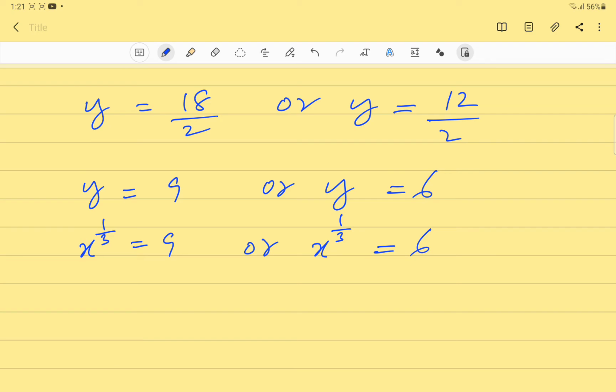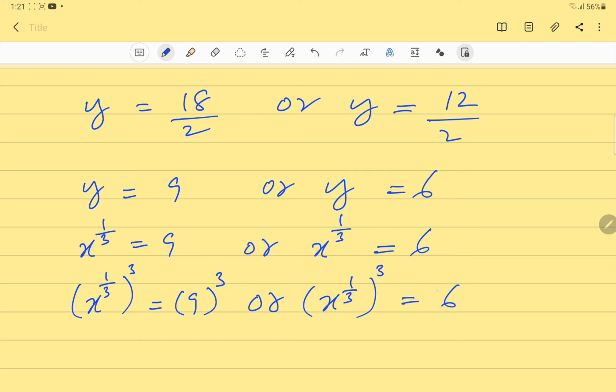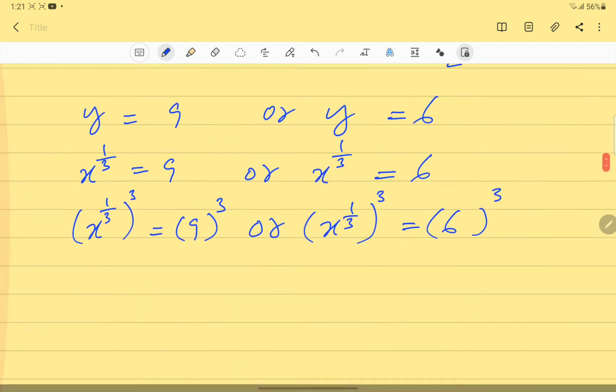We will apply cube on both sides of the equations. x raised to power 1 over 3 raised to power 3 is equal to 9 raised to power 3 or x raised to power 1 over 3 and then raised to power 3 is equal to 6 raised to power 3.